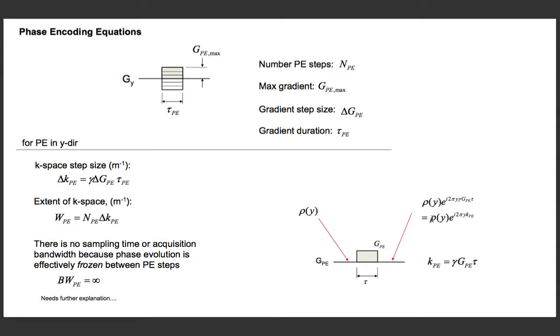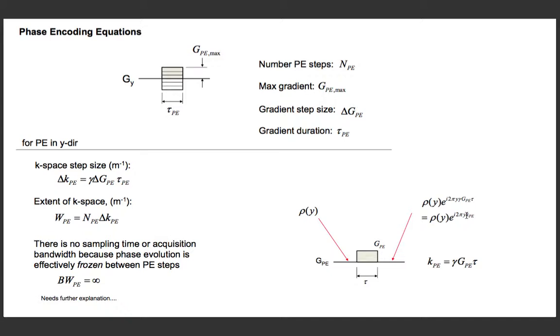So the state of the object after having some phase encoding is e to the i 2 pi y gamma G_PE tau. And if you put the K back in here, you'll see it's really just a Fourier transform. You take this e to the i 2 pi y, and then there's your K_PE here. So you can see the Fourier transform relationship that's happening when we apply these gradients to apply this complex sinusoid.